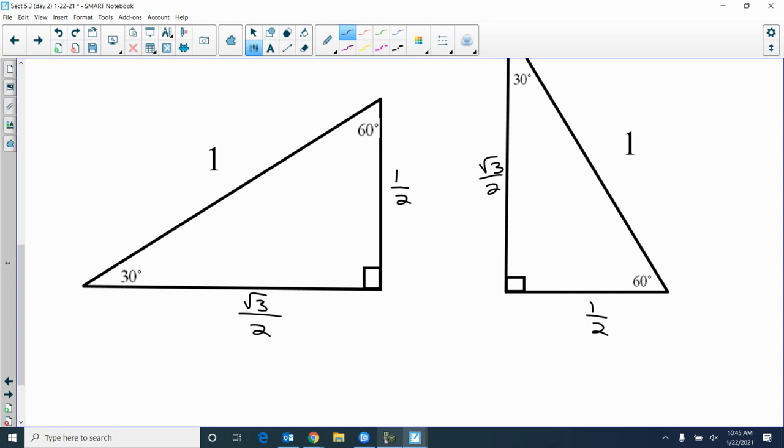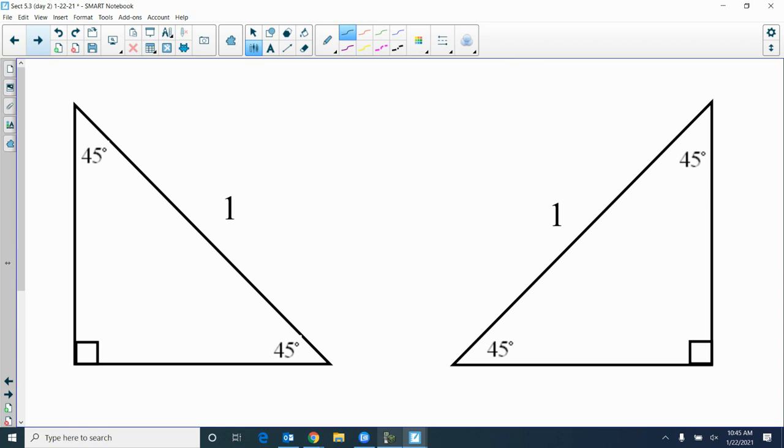All right, what about for 45, 45, 90? I want the hypotenuse to be 1. What are the legs going to be? Square root of 2 over 2. Now, if you're saying, how did he get that? If you get a 45, 45, 90, remember, if the angles are equal, then the sides have to be equal. So we can solve it using Pythagorean theorem: x squared plus x squared equals 1 squared.